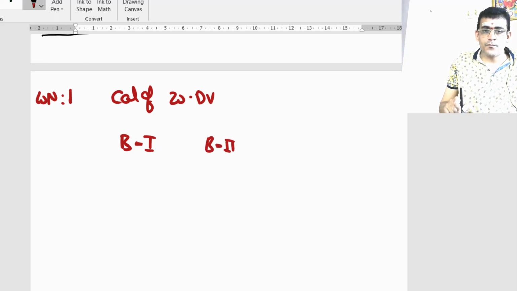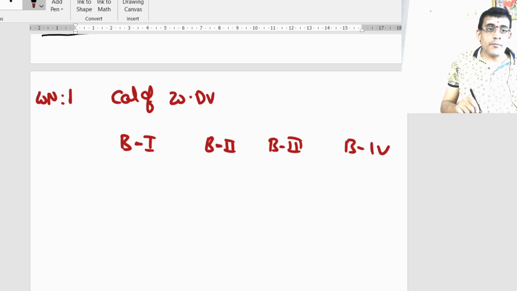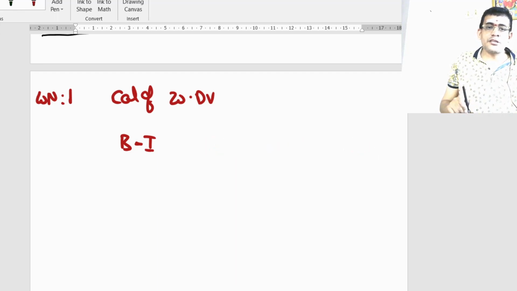Block 2, block 3, block 4. Now, for your easy understanding, we'll calculate the WDV for each and every block separately. Let us do it for block 1.